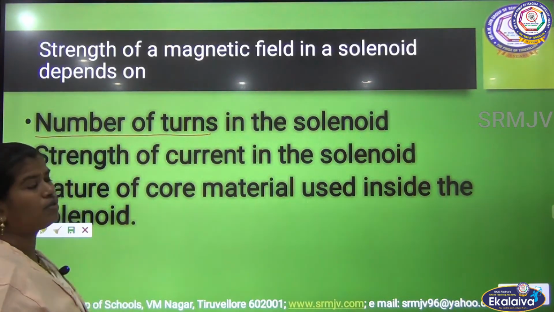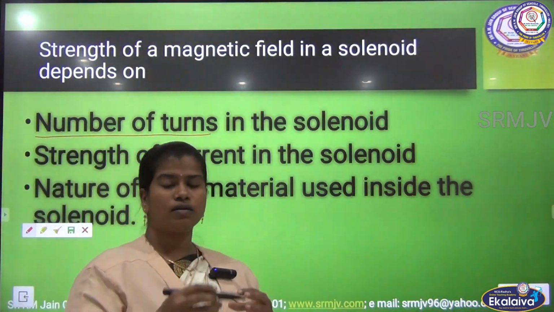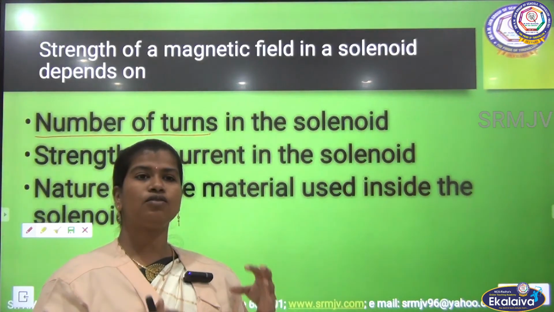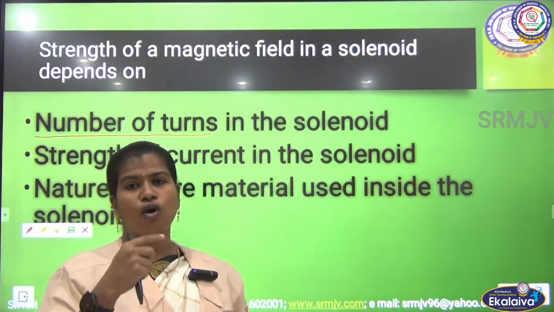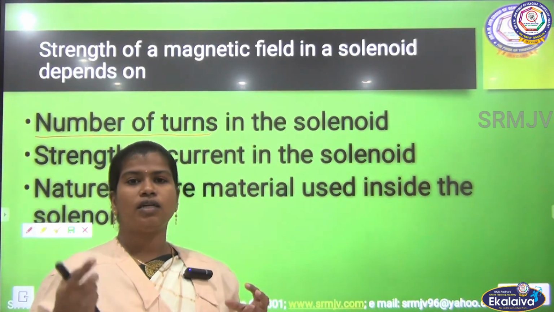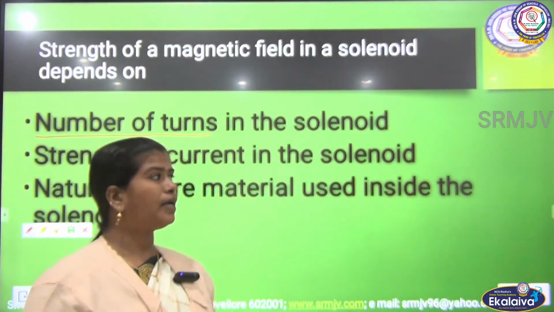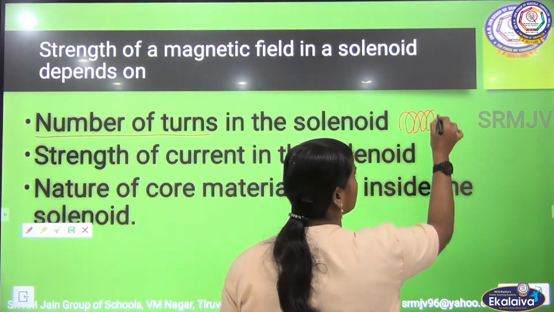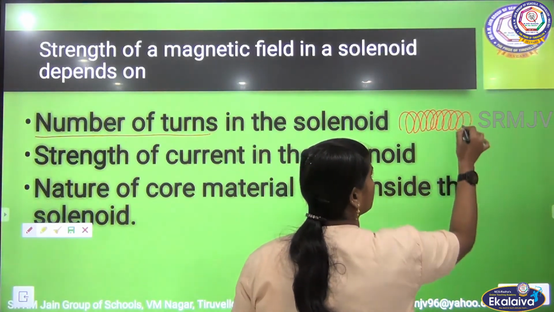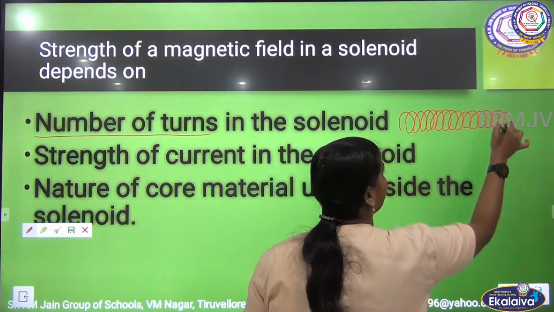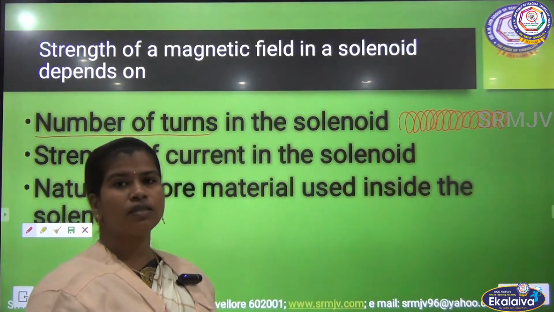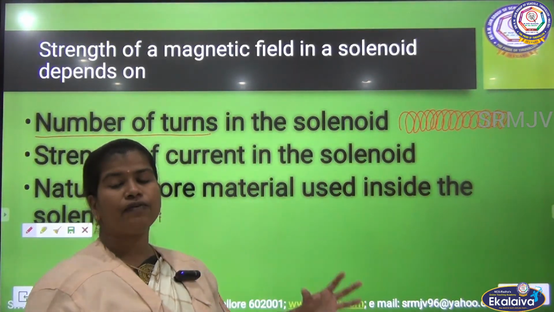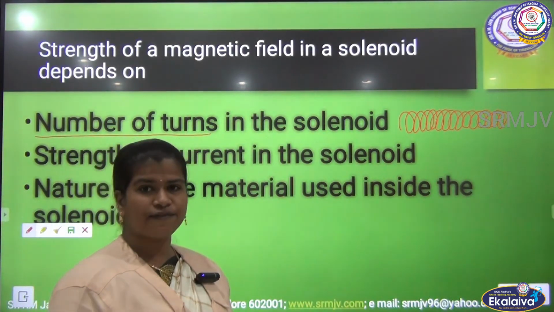As I said earlier, a solenoid is a coil of circular turns wrapped around a cylinder. If we have more number of coils, it will produce a strong magnetic field.